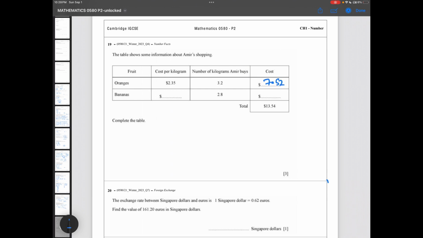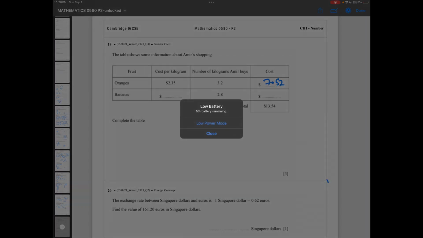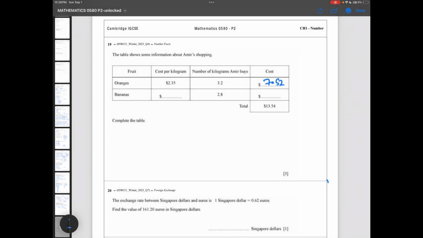Now we haven't been given the cost per kilogram of bananas, but he bought 2.8 kilograms of bananas. The total cost he has spent is 13.54. If I subtract 7.52 from 13.54, I will get the cost of bananas, right?